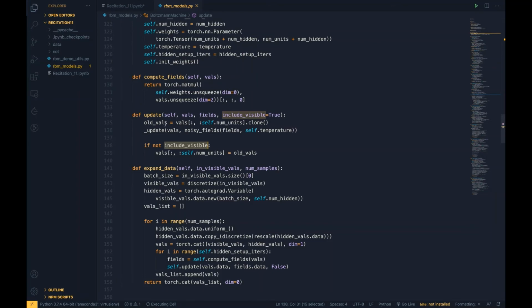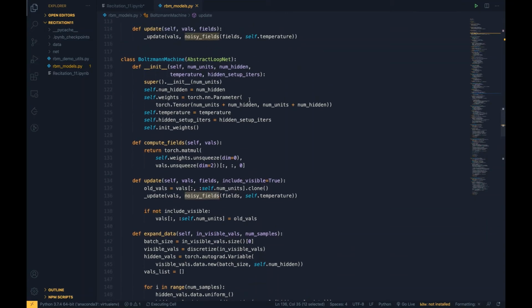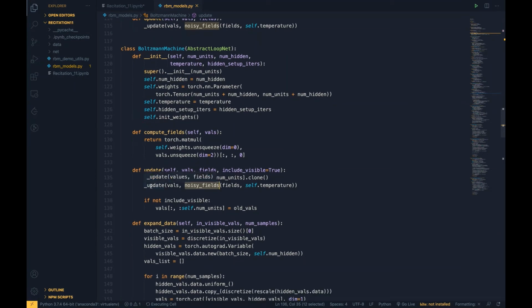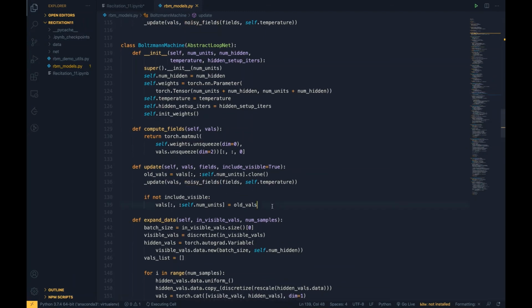We just preserve the old values of the visible units, and then if we do not want to include the visible units, we just restore the values from the old values. And this is identical to the stochastic Hopfield network. We call the update function on the values and give it noisy fields. So that's the update function.